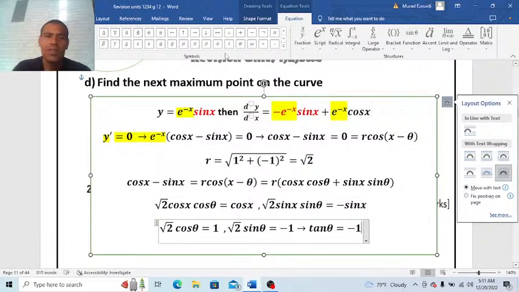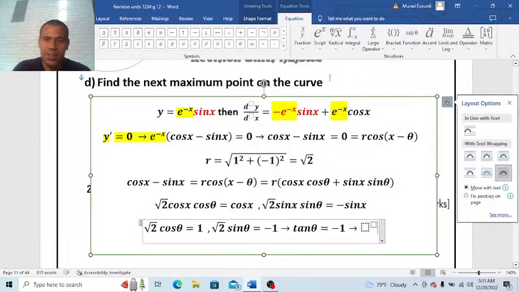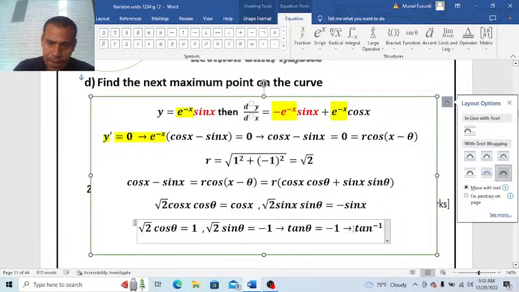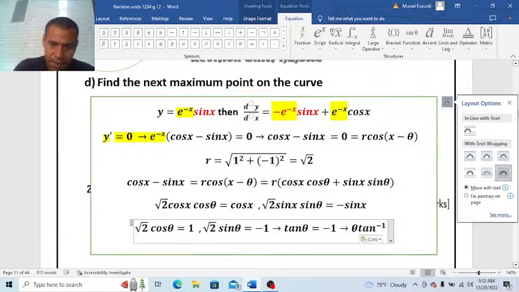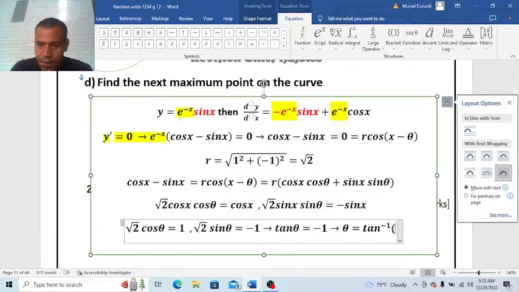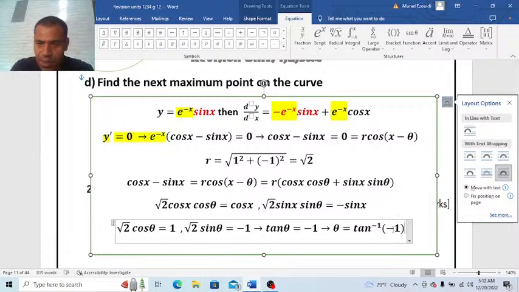Therefore, tan minus 1, the inverse function of tangent, of theta here, theta equal tan minus 1 of negative 1. Okay, negative 1. You can use your calculator.